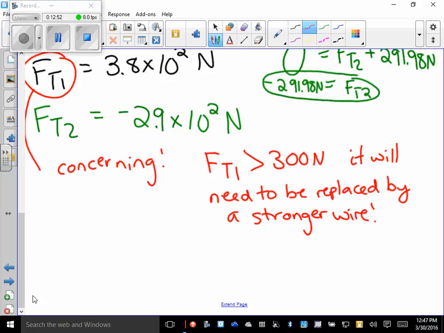Let's put: because force of tension in 1 is more than 300, it will need to be replaced by a stronger wire.